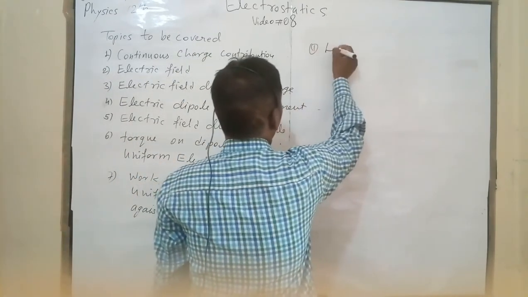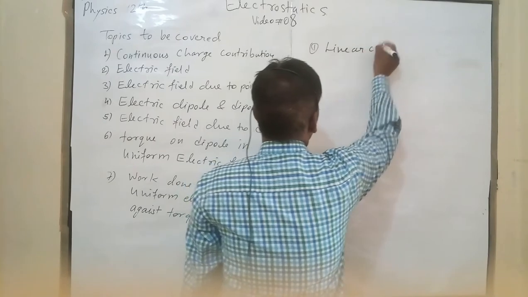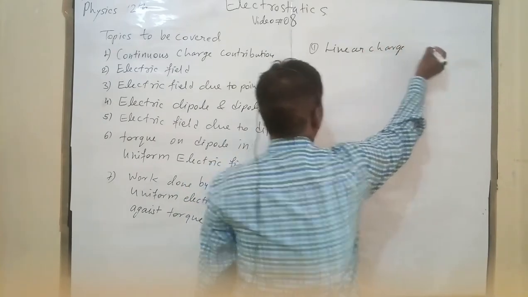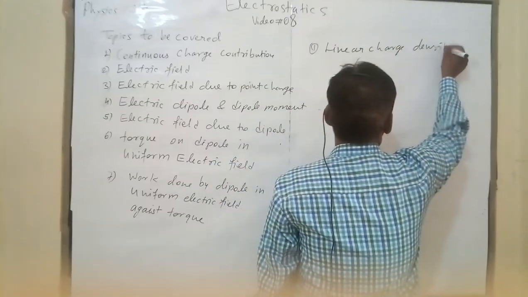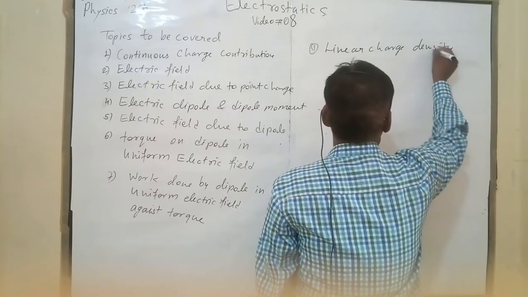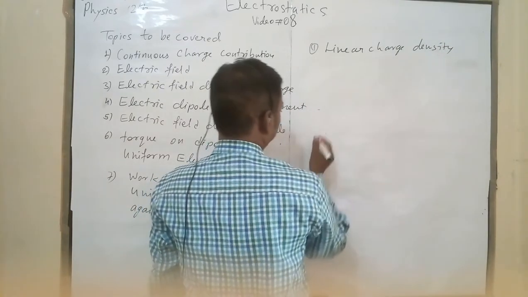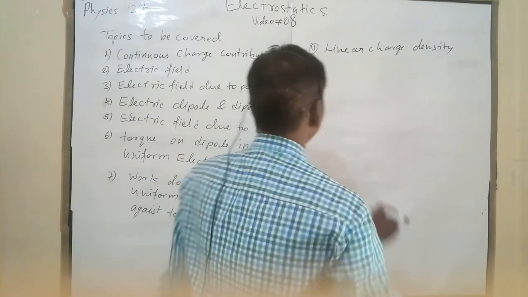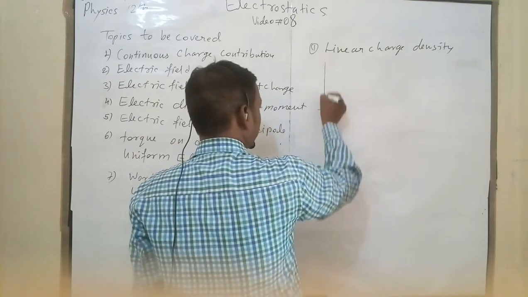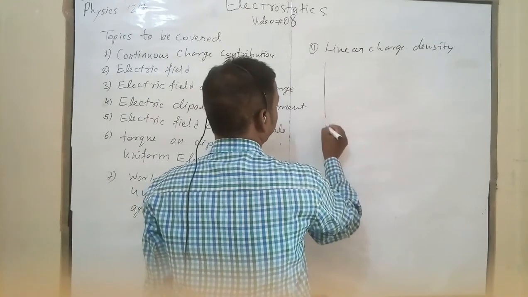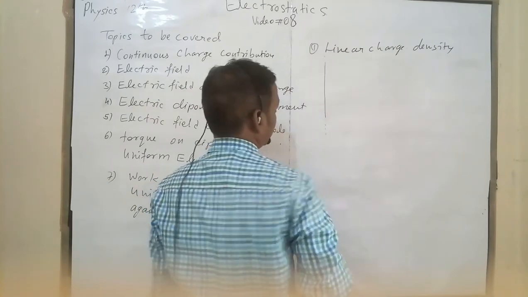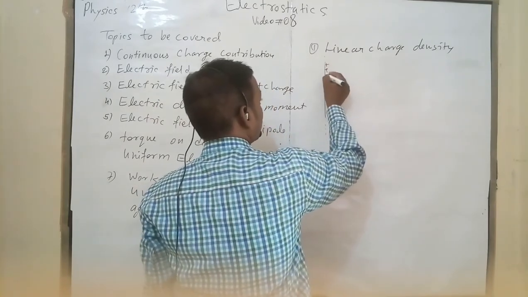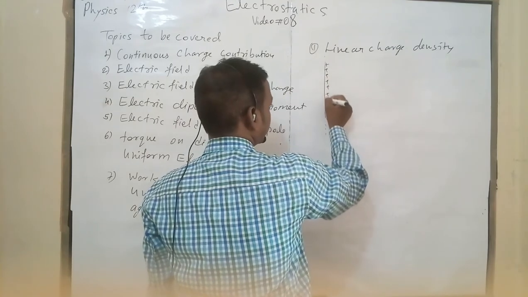First is linear charge density. So see, linear charge density. Suppose there is a straight wire, an infinitely long straight wire, which is positively charged.